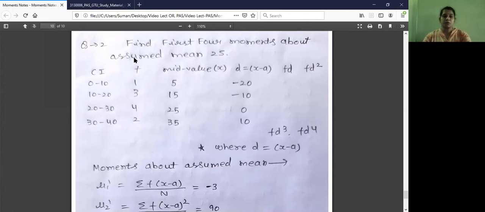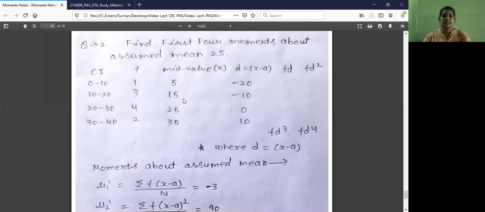So, according to our assumed mean, we are already given, we consider the assumed mean is 25. So, don't be confused, we use A is equal to 25. But in case we are not given the assumed mean, what do we consider? 15 and 25 both are middle values.